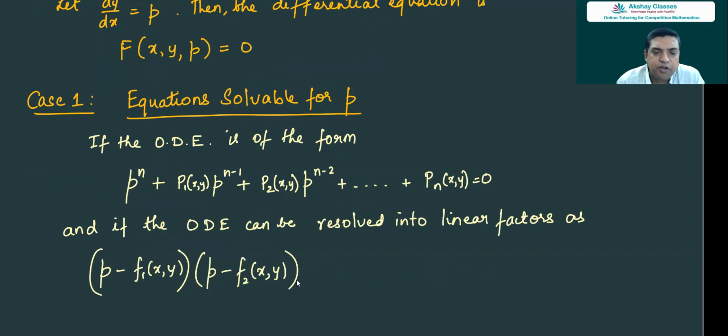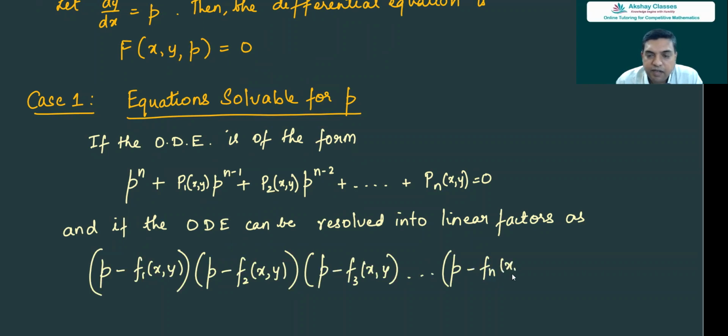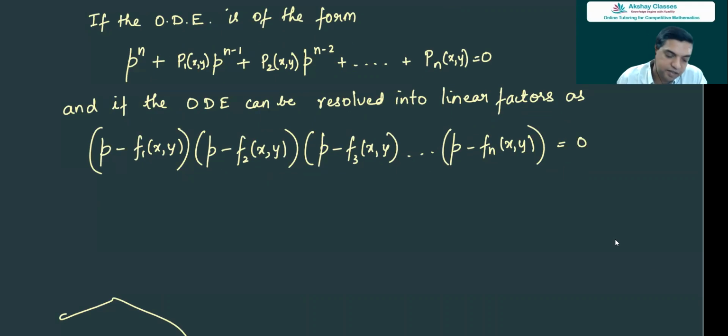That means it's a polynomial, but I could resolve it into factors like this, nth degree polynomial, and I have n functions. So now each factor should be made equal to 0.